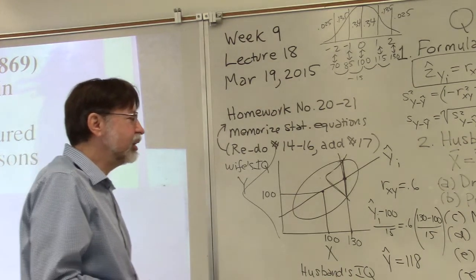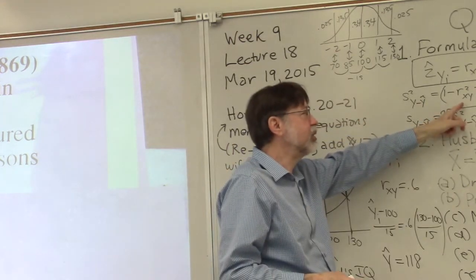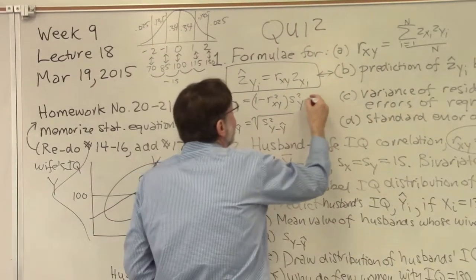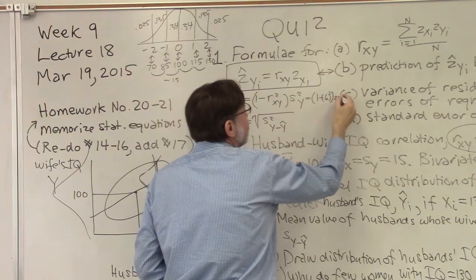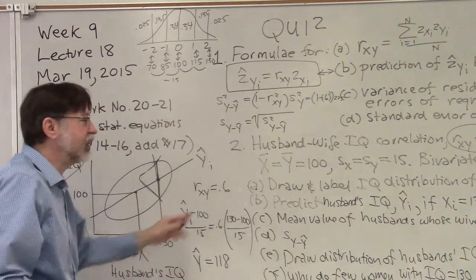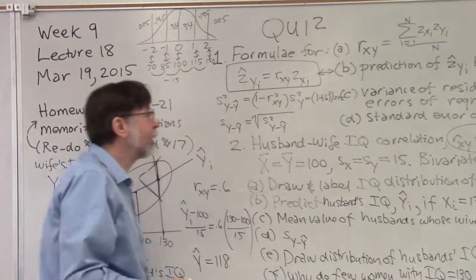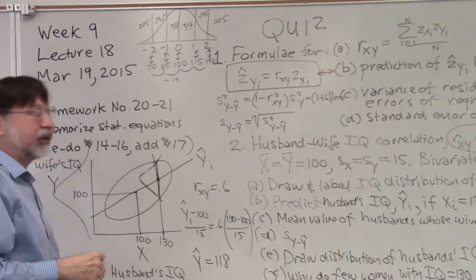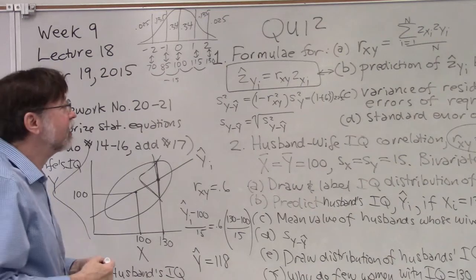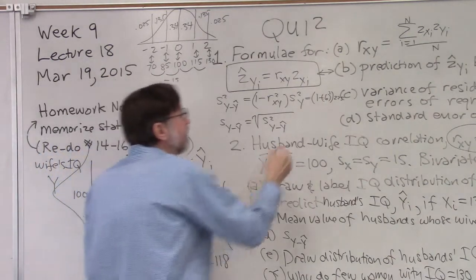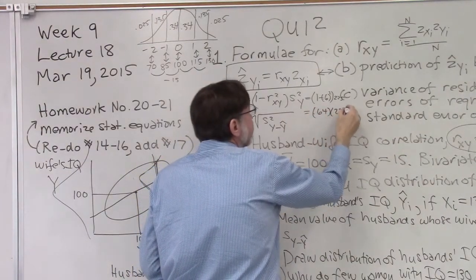And it says find the standard error in this case. Well, to do that, you need to find the variance of the residual, and so that's equal to 1 minus 0.6 squared times 225. Why 225? Because the standard deviation is 15, so the variance is 225. 0.6 squared is 0.36, so you get 36% off at the mall, right? 36% off means you still have to pay 64, so it's 0.64 times 225.